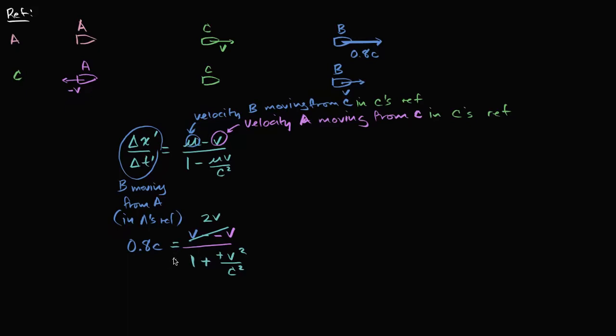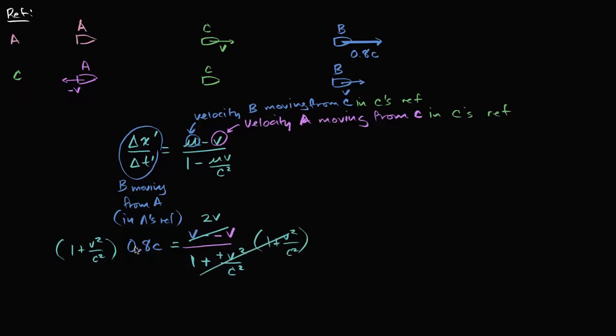Well, we're going to want to solve for v. We can multiply both sides of this equation by 1 plus v squared over c squared. So let's do that. On the right-hand side, those cancel.